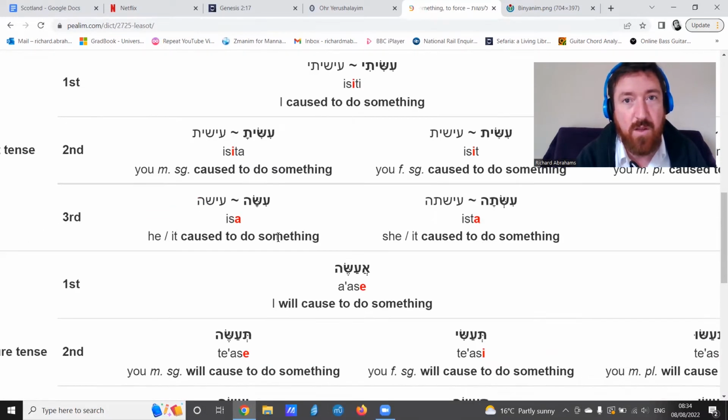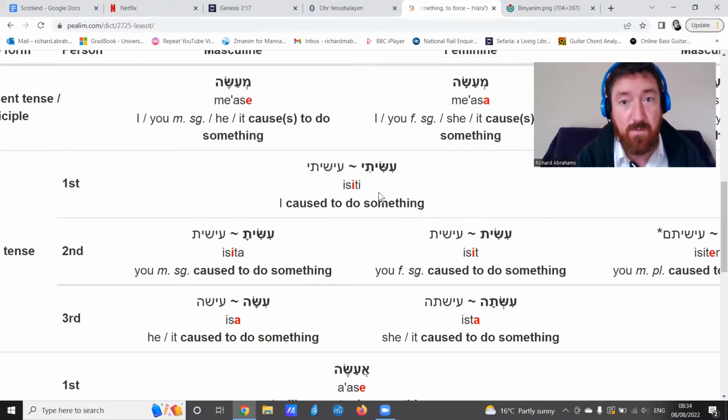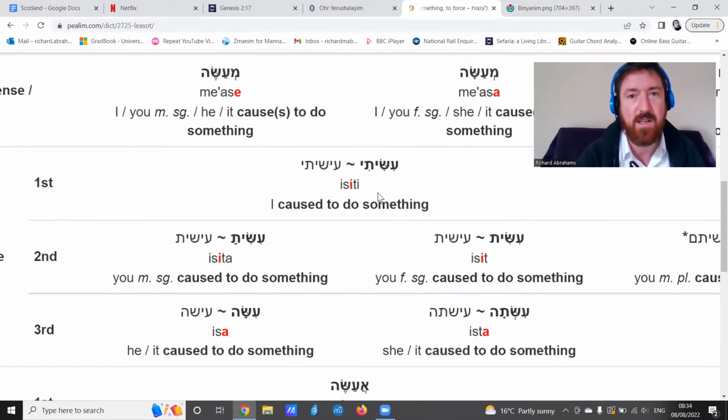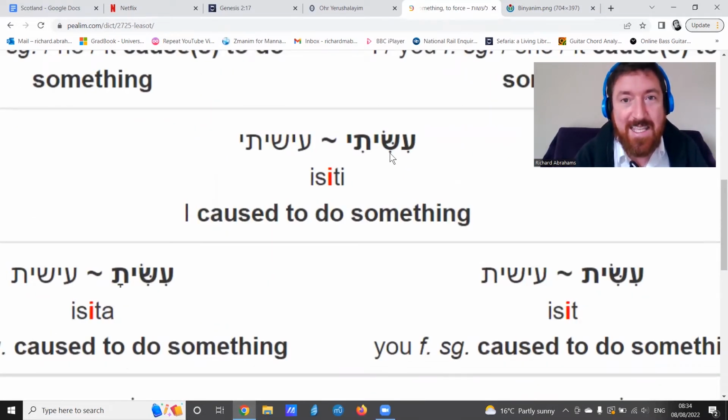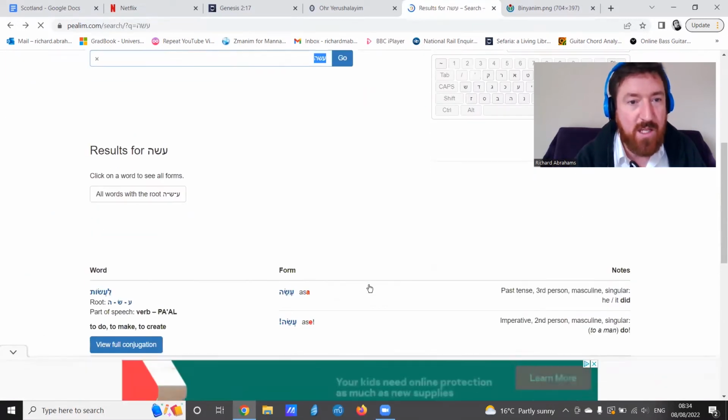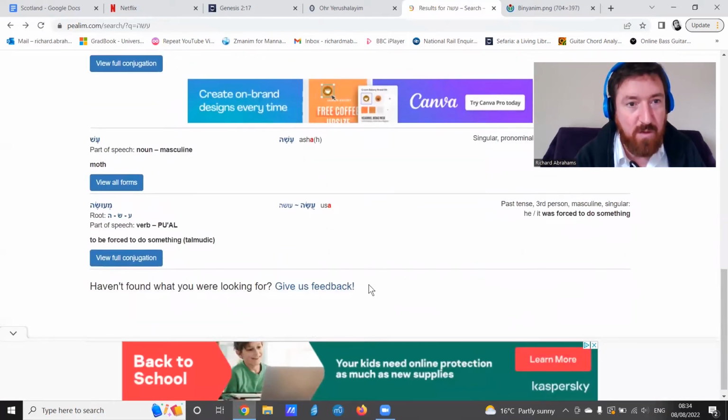Now let's go to the first person past tense, the I did it, isiti. So what we know now is no matter what you start from, if you go to the first person past tense, you get taf, yod on the end. Let's see that in the pu'al. So what we do really is the branch is telling us our starting point, right?